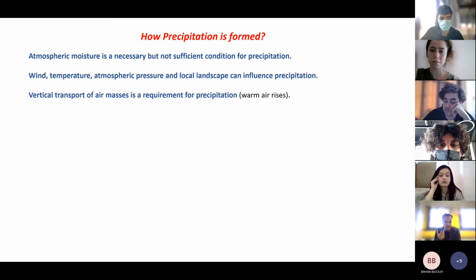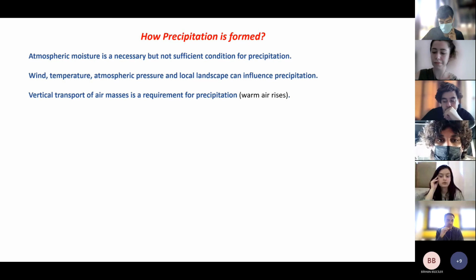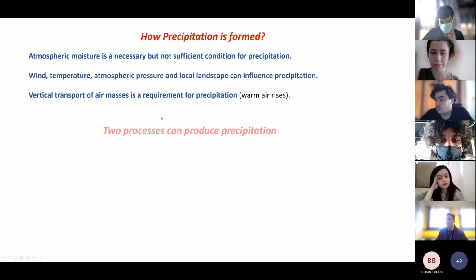Vertical transport of air mass is basically this: when air gets warm, it gets lighter than cold air, and lighter warm air always moves upward. If we have it, it means we will have rainfall. Therefore, we know that warm air rises, and we can expect precipitation. More details will come in next slides.